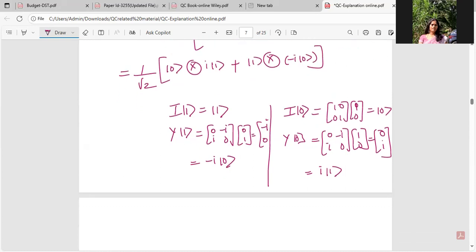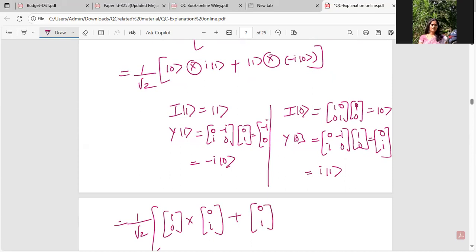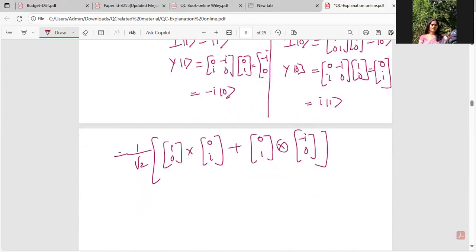Of course, this is the final notation that I can leave with, or I can just go with what the values are. 1 by root 2, ket 0 is 1 0, tensor product of 0 i, plus ket 1 is 0 1, tensor product of minus i 0. In the previous videos, anyways, we checked how to find the tensor product.